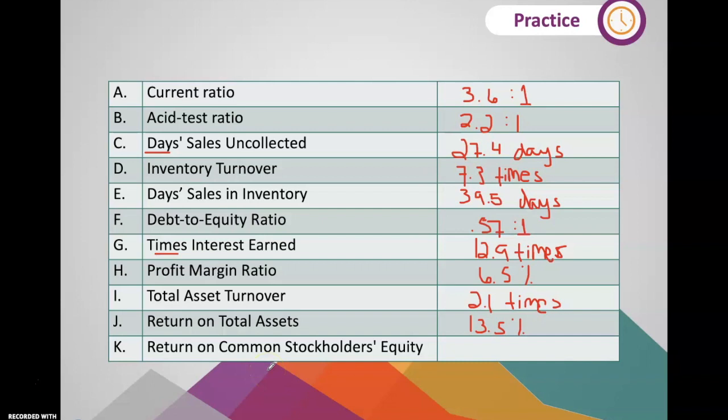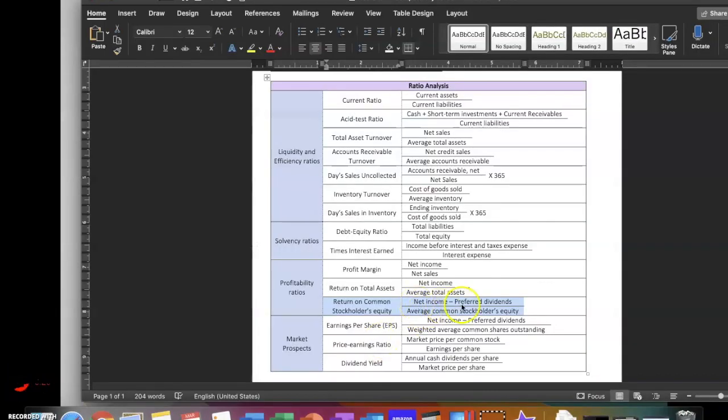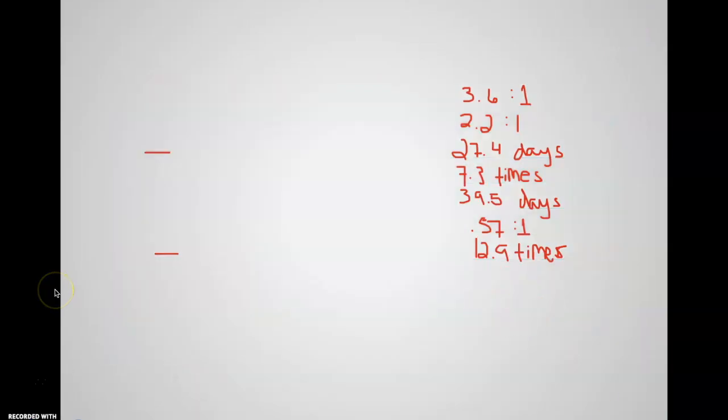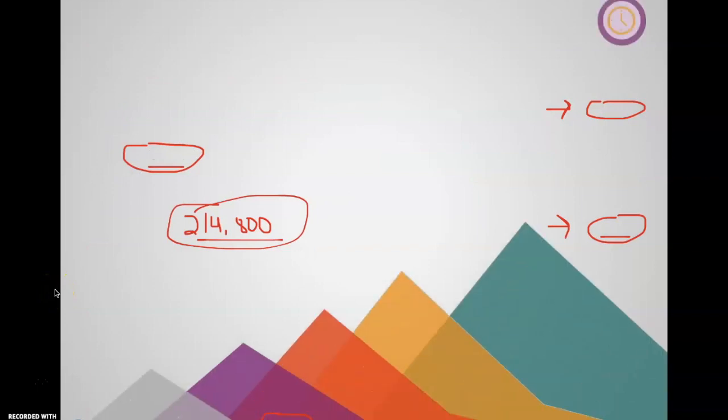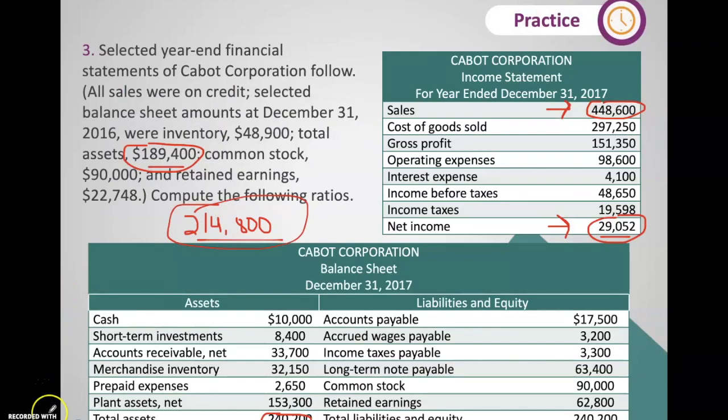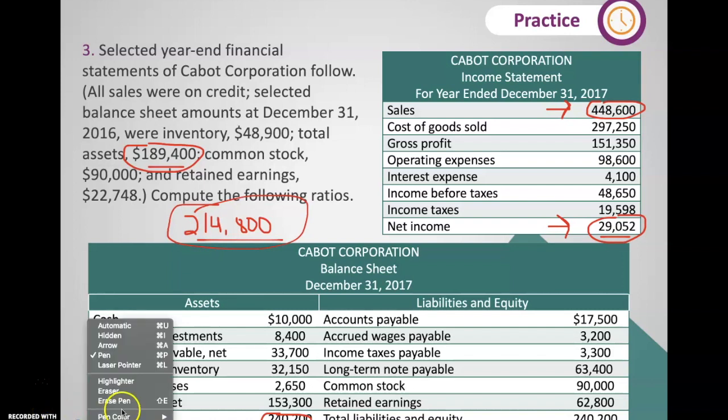Okay, last up we have return on common stockholders' equity. The formula is net income minus preferred dividends divided by average common stockholders' equity. I'd say this is one of the trickier ones to do. So let's take a look. Let me clear off the pen.